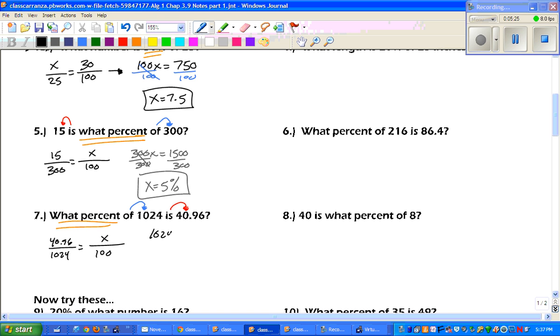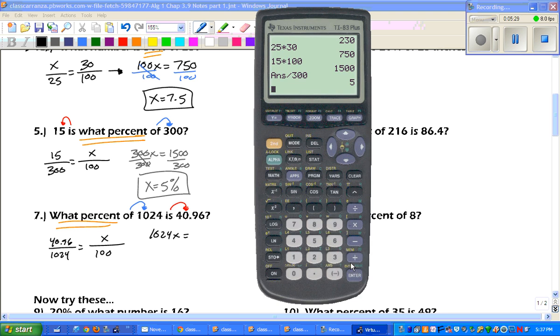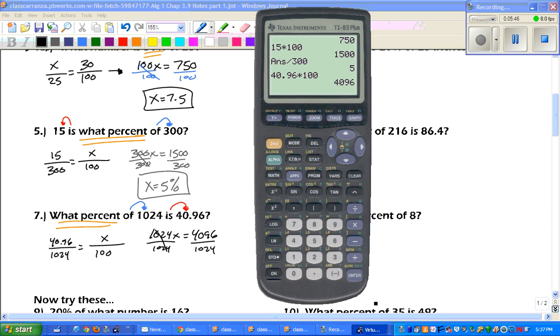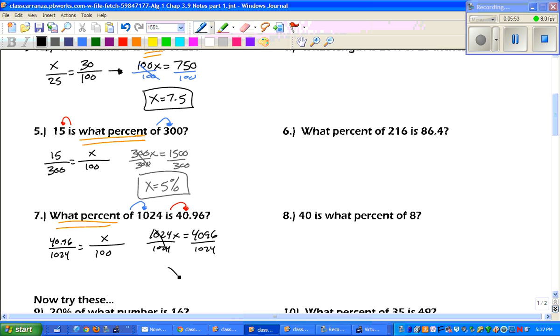So cross multiplication, 1024x equals 40.96 times 100, and we get 4096. To get the x by itself, divide that by 1024, and we get x equals 4.